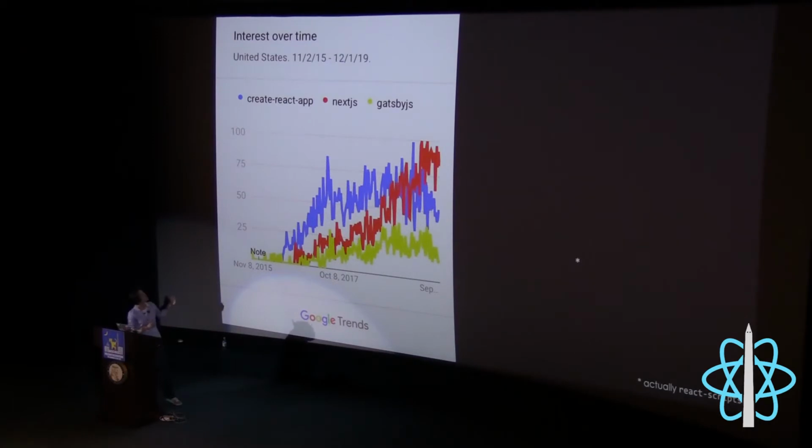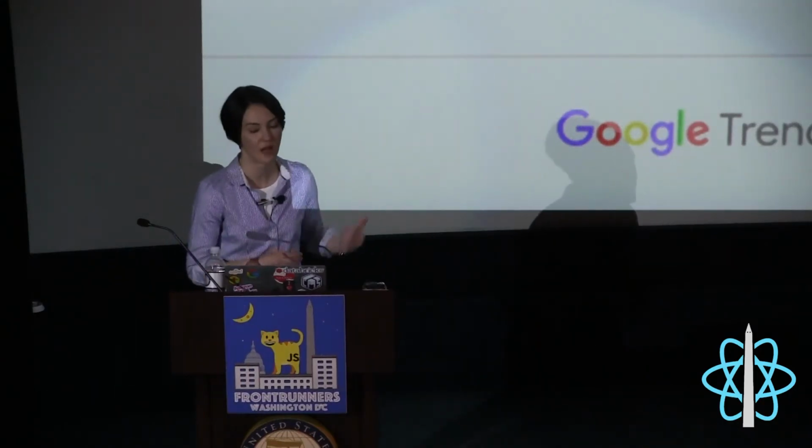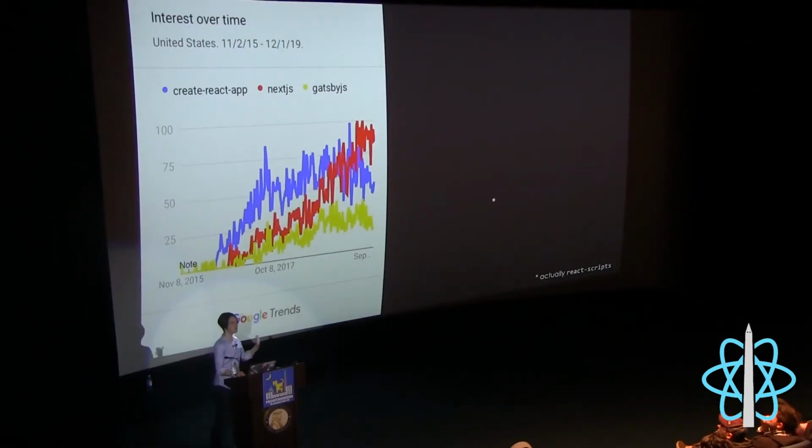And then we have Next.js, which seems to be very steadily rising through the ranks. It is most recently actually more popular than Create React App in terms of Google Trends, which again, these are hearsay, these are conversations. Just like Twitter data, it can lie.